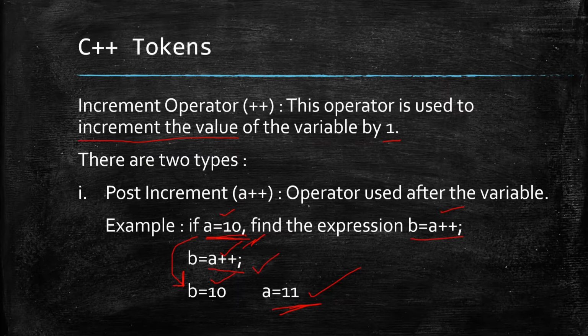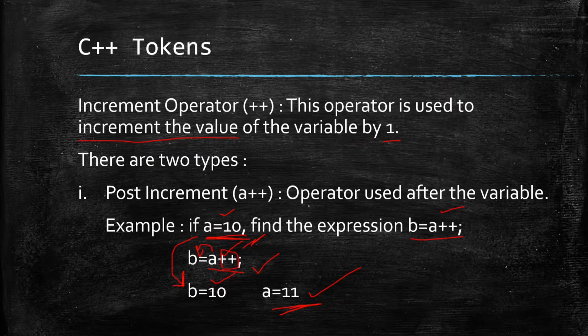Whenever you are given any expression, you always work on the RHS and then assign that value to the LHS, that is, the left hand side. Here a plus plus is used after the variable, so first I assign the value and then I do the increment.